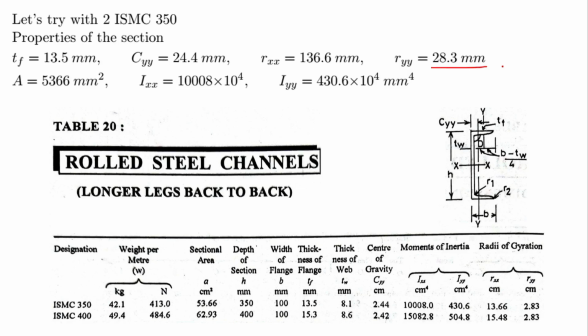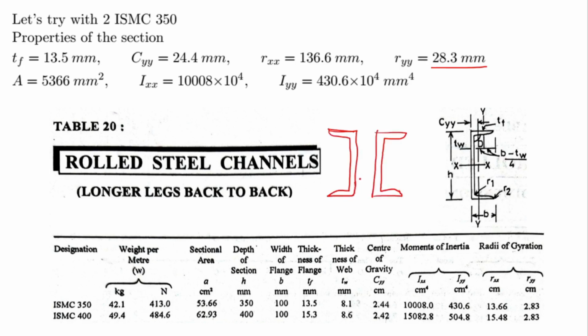See, here we are going to use two channel sections to get a built-up column section. That means two channel sections are to be placed back to back in this way.